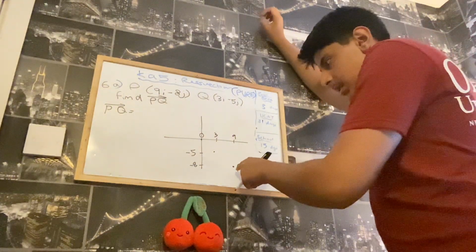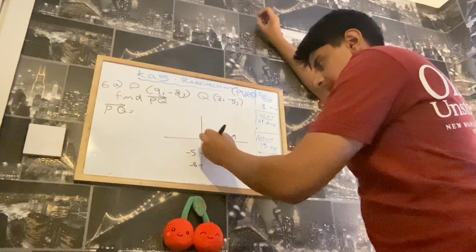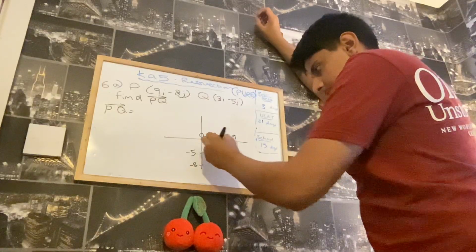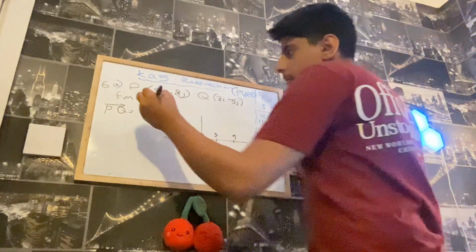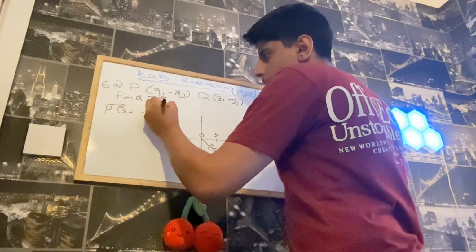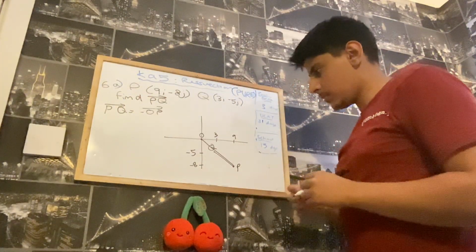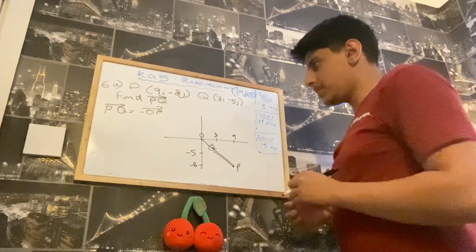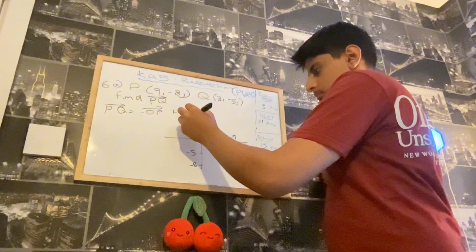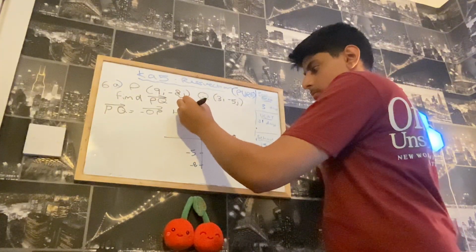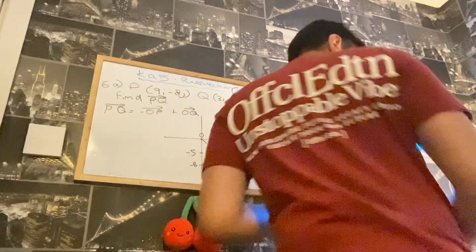And then to P, and then to Q. So from here, and then all the way to here. So minus O to P. Okay, that would, and then plus O to Q. Should be right.